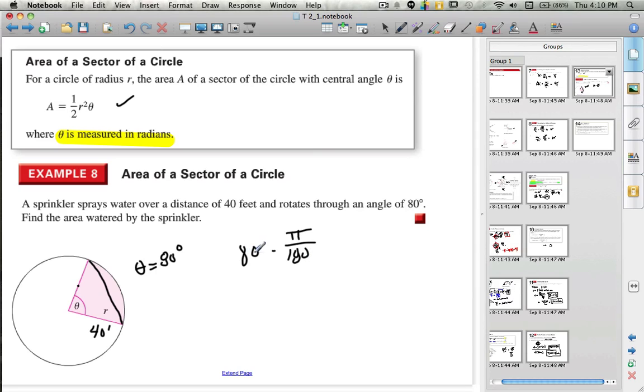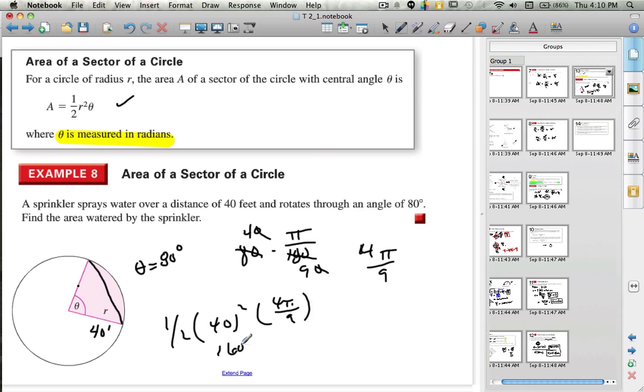If I cut this in half and I cut that in half, I take the 10 out of each, 4 pi over 9 is the measurement of this angle in radians. And then I'm going to multiply it times 1/2 times the radius squared times my angle, 4 pi over 9.